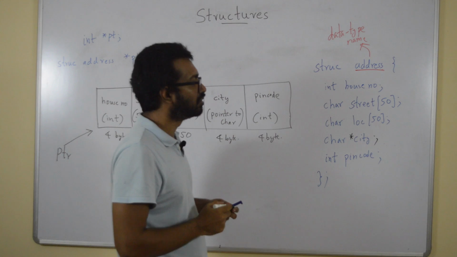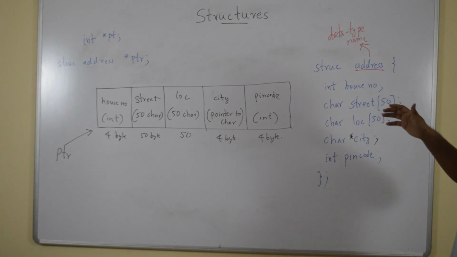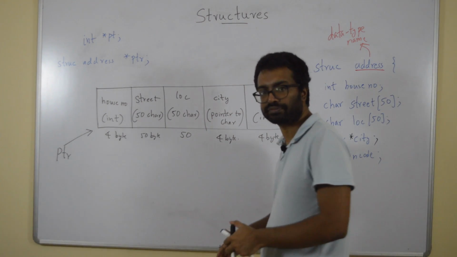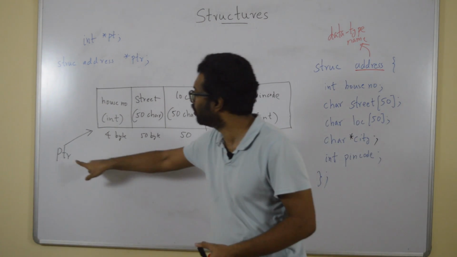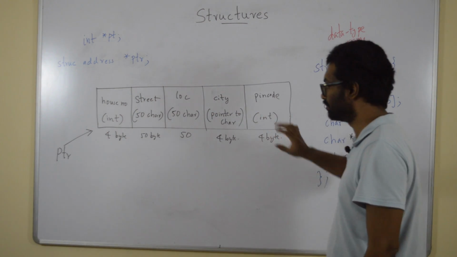Okay. So this is how my address will be in the memory. Okay, and now ptr is pointing to the beginning of this structure.